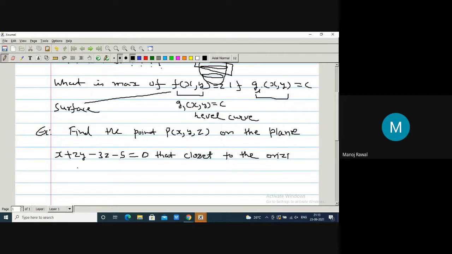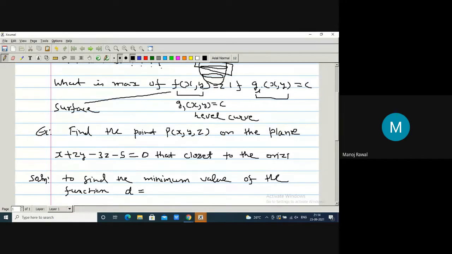So, solution. Let's write down what we have to do. To find the minimum value of the function, what is going to be this distance, students?